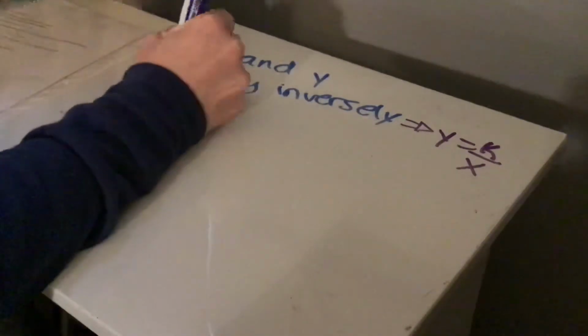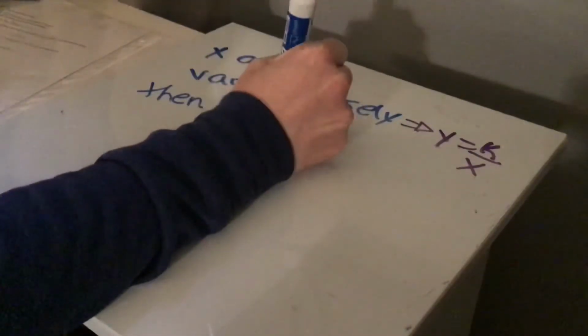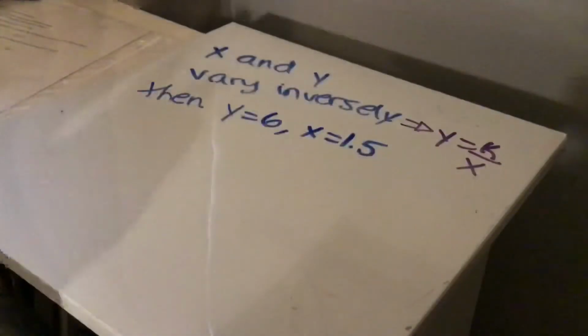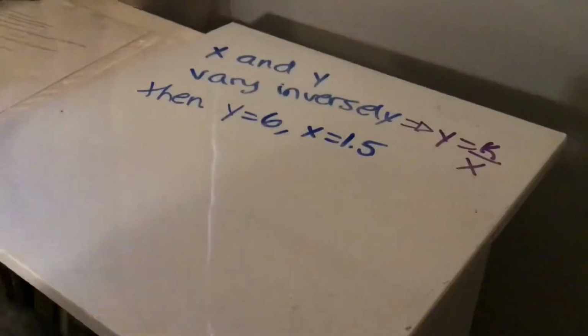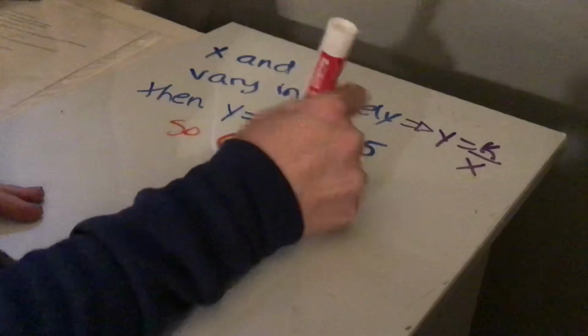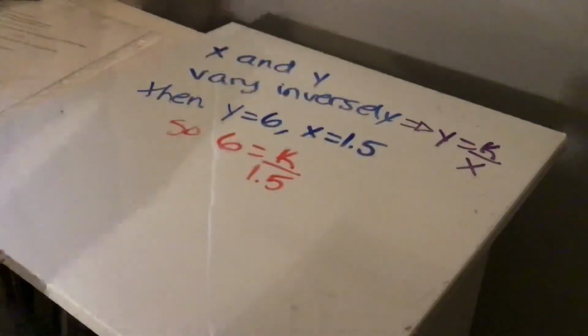Then we know that when y equals 6, x equals 1.5. Well, it's inverse variation, and we know these two things to be true, so we can say that 6 equals k divided by 1.5. To write an equation, we need to know k.